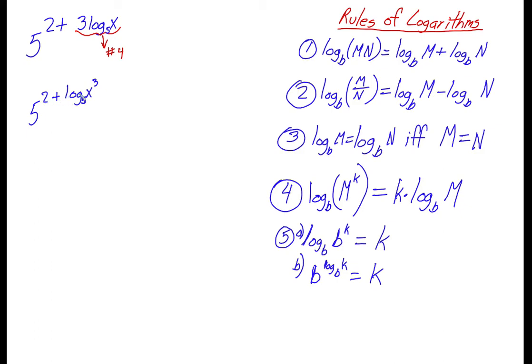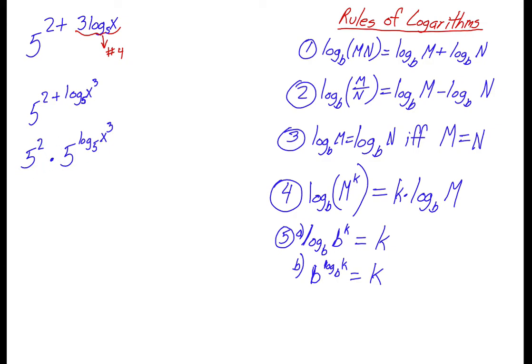5 to the 2 plus the log base 5 of x cubed. Well, let's look at this. I've got addition up in the exponent. When do we add exponents? We add exponents when we are multiplying two things that have the same base. 5 to the 2 multiplied by 5 to the log base 5 of x cubed. Since I'm multiplying these, I would add the exponents, so we can go the other direction too. If we've got addition in the exponent, we can break it apart into two things multiplied together.